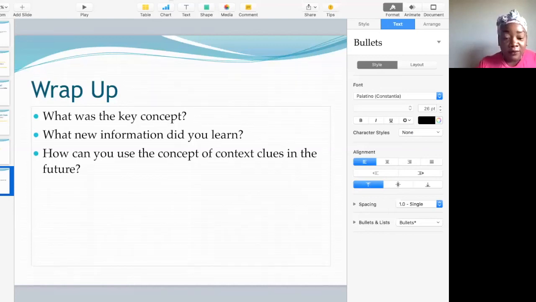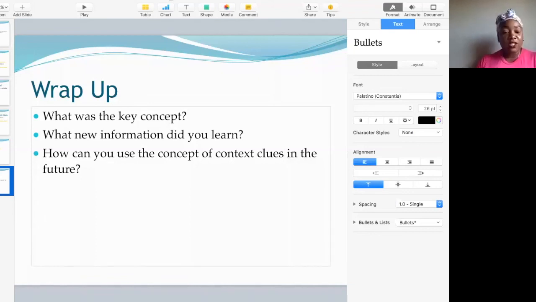Does anyone have any other questions that they would like to ask? Okay, helps to find what you don't know. Very good. To learn easier and quicker. Very good. Now, any other questions on this topic of context clues and finding the meaning of words?